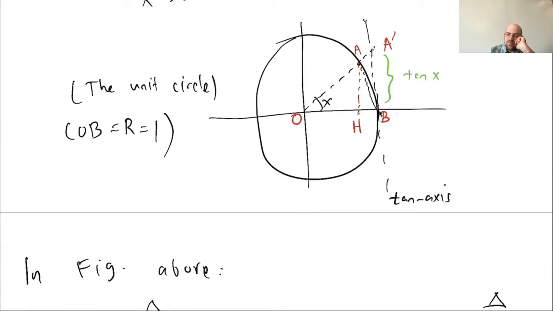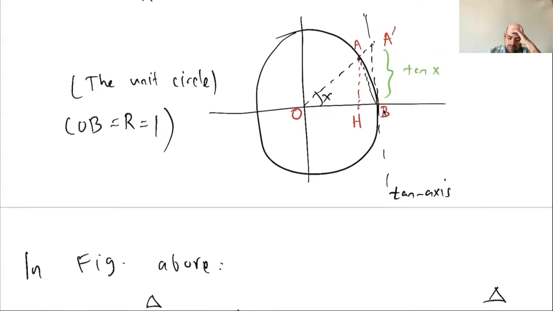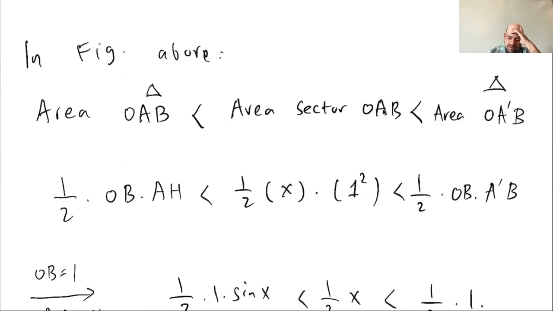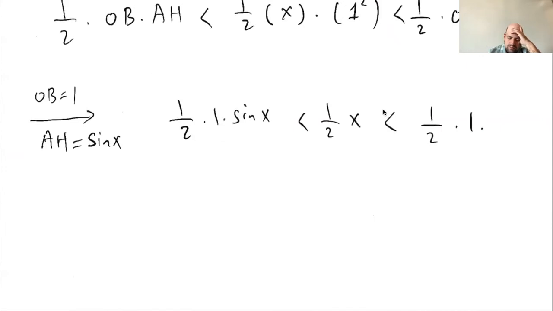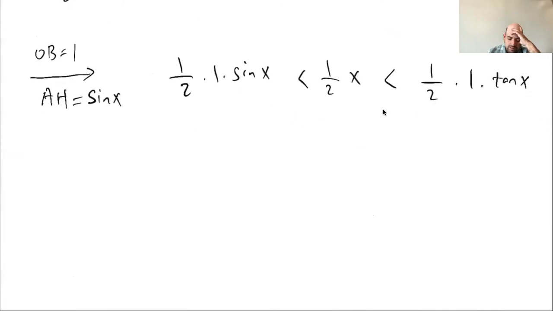Then the distance from that point to B here, which is the starting point, will be tan x. So A prime B is tan x by the definition of tan of an angle. So this is 1/2 times 1 times tan x. So I can say that 1/2 sine x is less than 1/2 x, and this is less than 1/2 tan x.